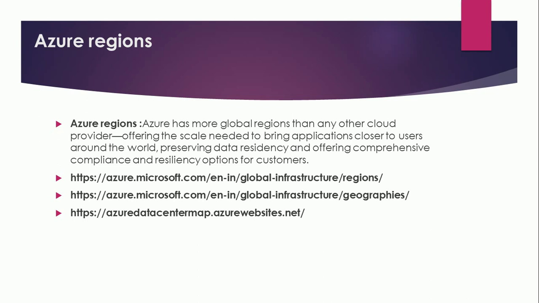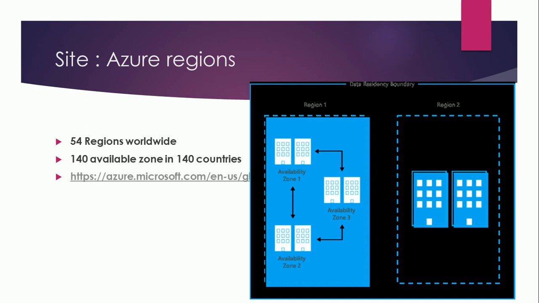We have a few links here which we can go through to know more about the regions. We have 42 regions worldwide and 140 availability zones inside 140 countries. An availability zone, in the sense, is the domain controllers inside the region. So we have 140 availability zones all over the world.